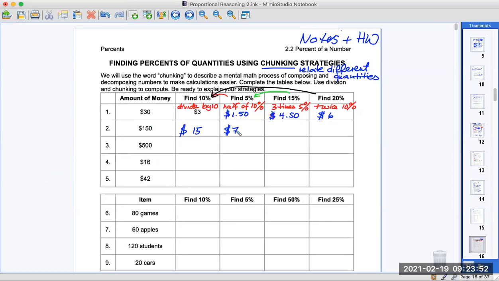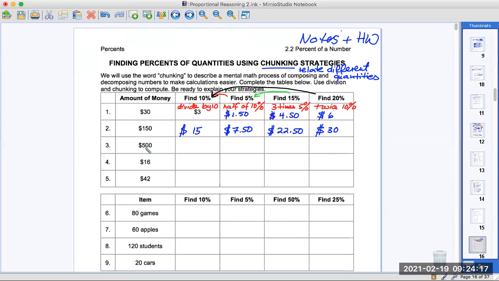That makes it $7.50. Try it yourself. 15% is 3 times 5%. That makes it $22.50. 3 times $7.50. 20% is twice 10%, so that makes it 15 times 2, $30.